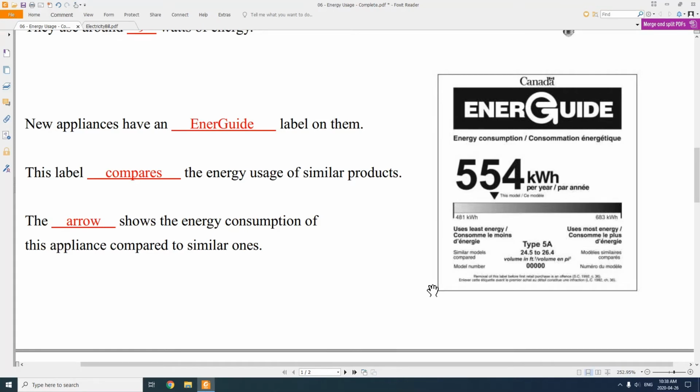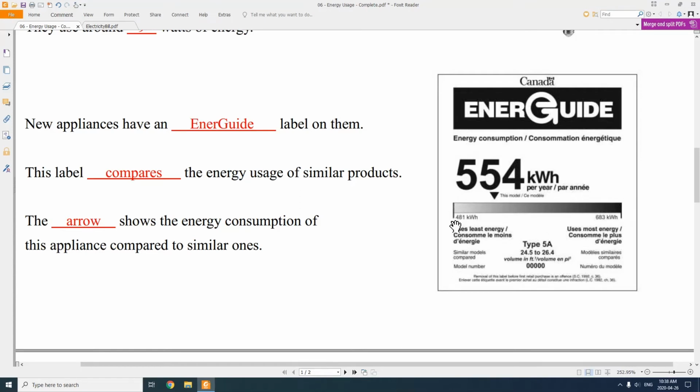So for example, let's say this is an EnerGuide label for a freezer. This scale here, this patterned box that goes from white down to black, is what we're really looking at.